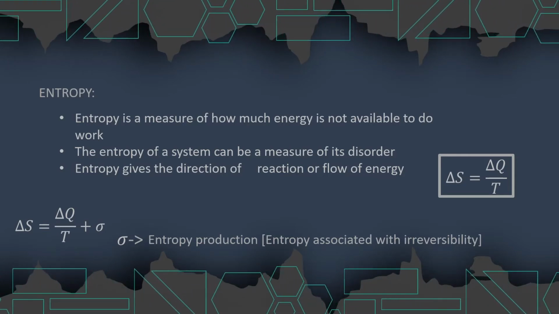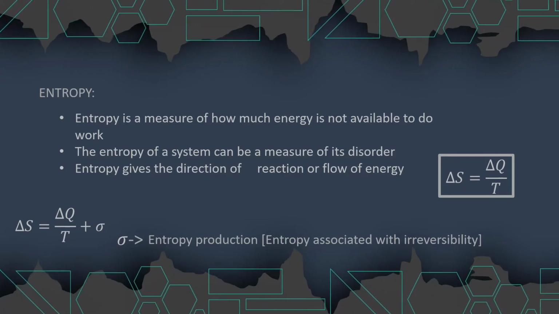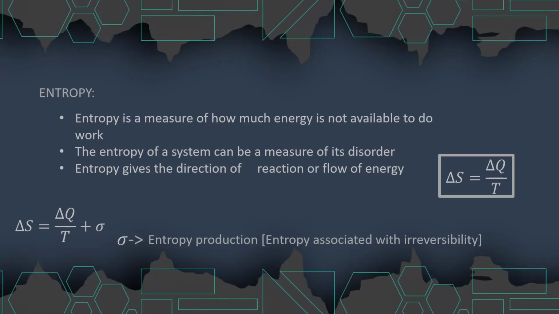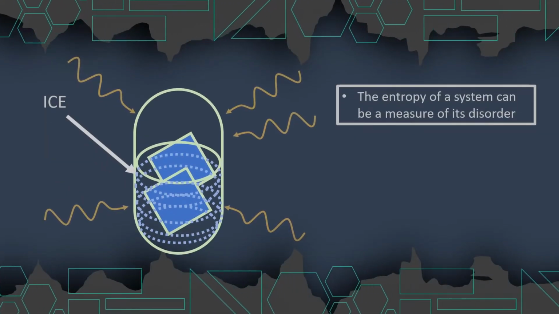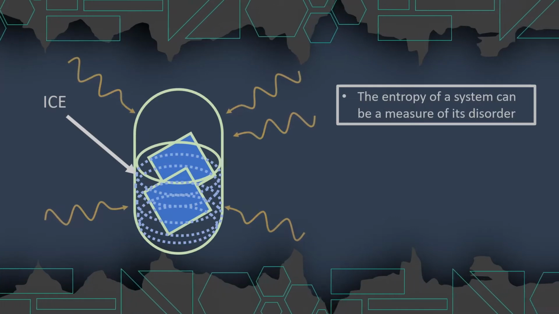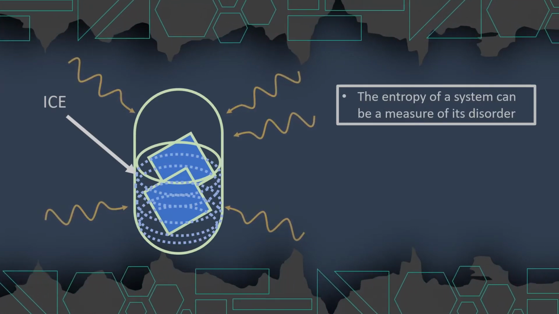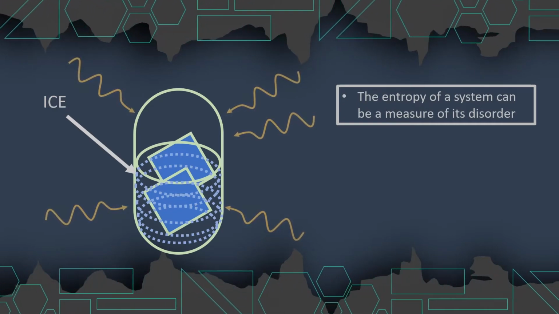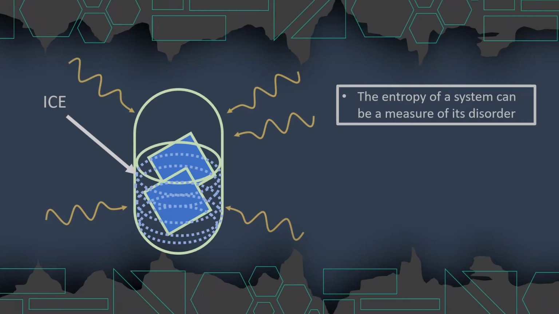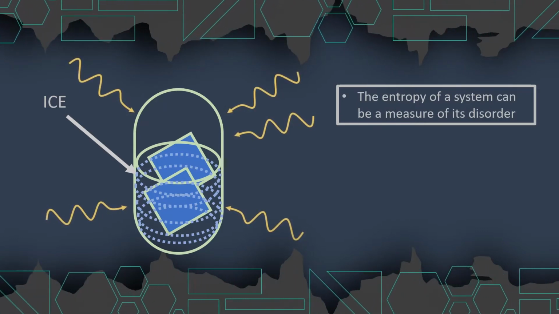The formula for entropy is: change in entropy is equal to the heat supplied or absorbed divided by temperature. To get the intuition, let us take the ice cube example. The ice cube is absorbing energy from the surroundings, but the temperature remains constant. We know that heat is added to the ice, so there is a change in heat added, delta Q. But notice that the temperature remains constant.